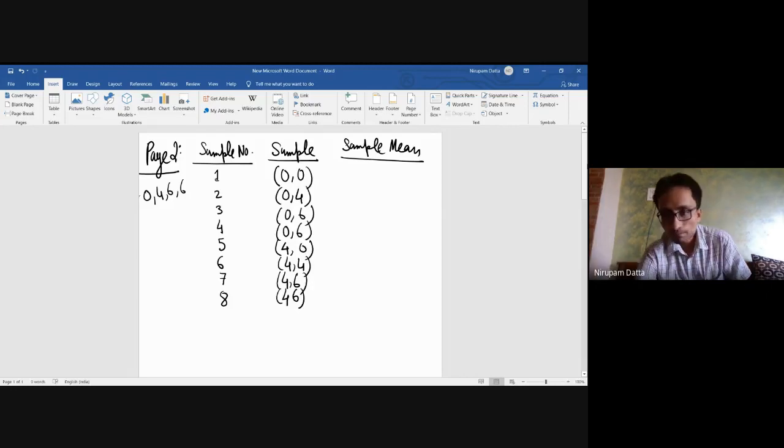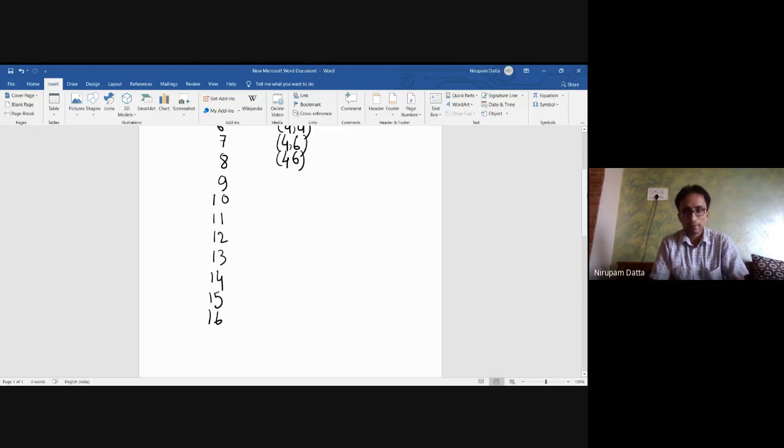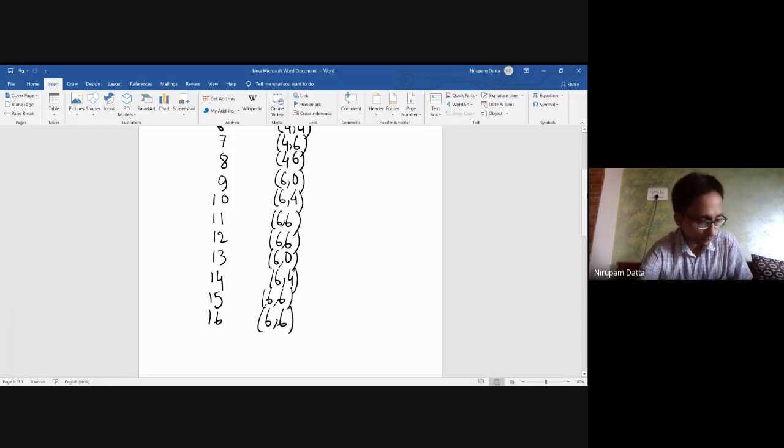Then samples 9 to 12: 6, 0; 6, 4; 6, 6; 6, 6. Samples 13 to 16: 6, 0; 6, 4; 6, 6; 6, 6. So we have generated all of them.